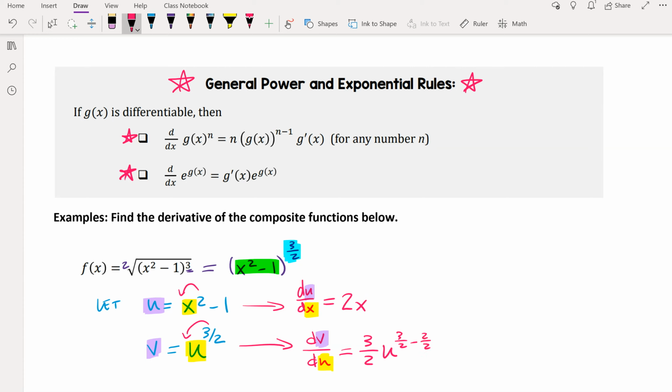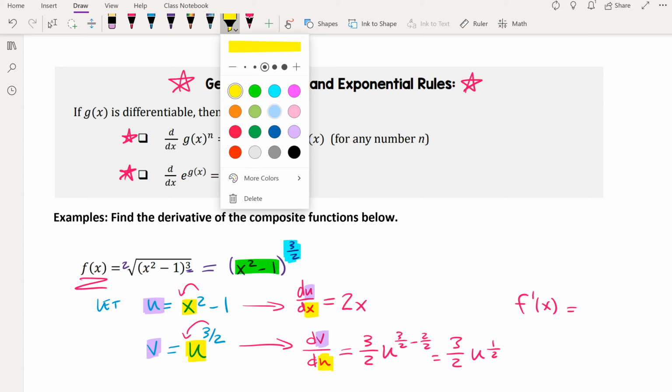So that's 2/2, right? Equals 3/2 u to the 1/2. Okay, we're almost done taking this derivative. f prime of x. We were actually just trying to take the derivative of this the entire time. f prime of x equals, you're just going to multiply these. That's it.